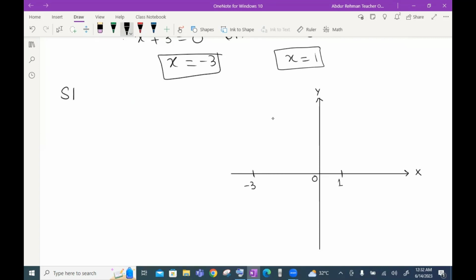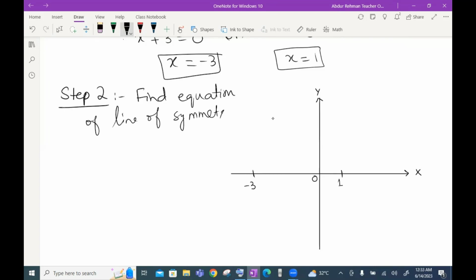So step number 2: find the equation of the line of symmetry. We can find it by the midpoint of these two, so minus 3 plus 1 divided by 2, which is minus 2 over 2, minus 1. Or by taking the average of these two x-intercepts, we can find the line of symmetry. x equals minus 1 is the equation of the line of symmetry.